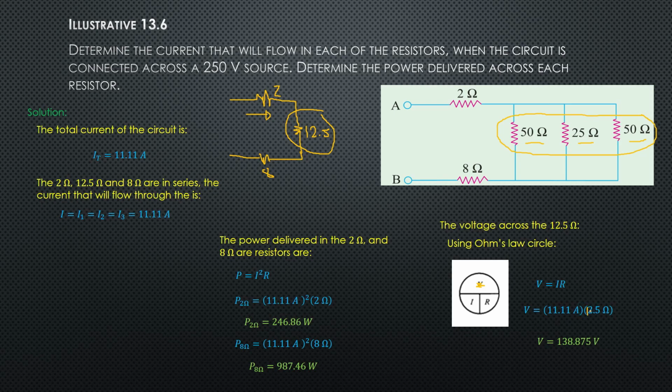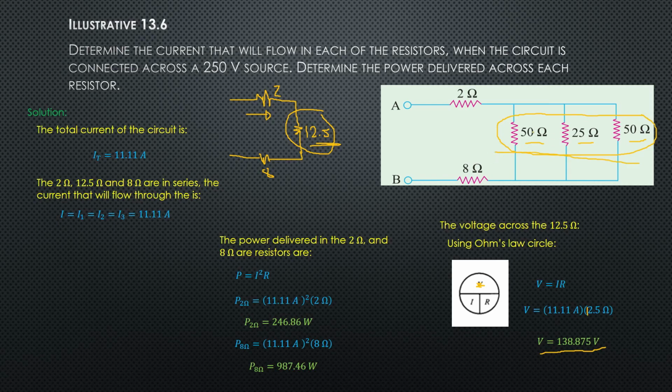Okay, solving for that gives us 138.875 volts. So the voltage drop across the 12.5 ohms is 138.875 volts, and that voltage is also equal to the voltages across these three resistances.